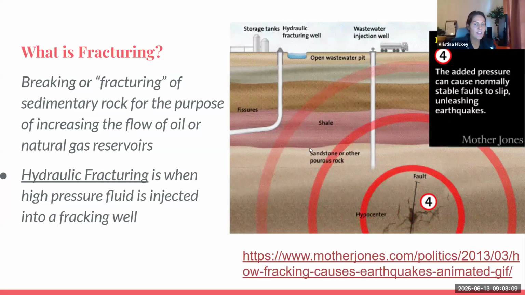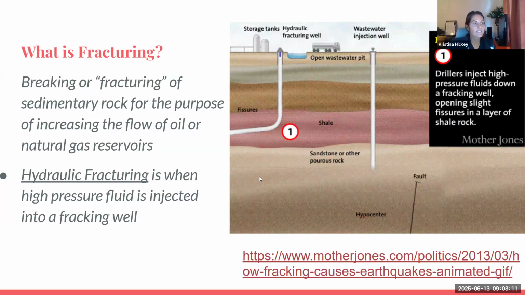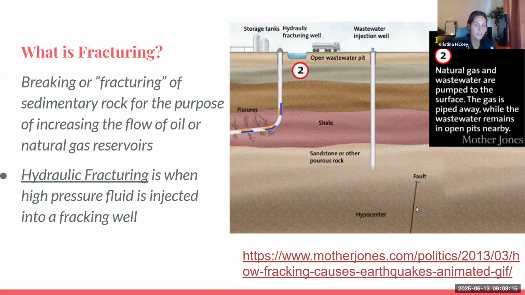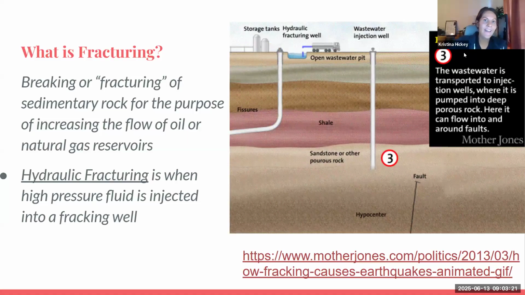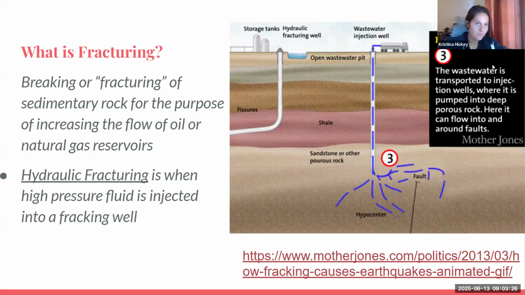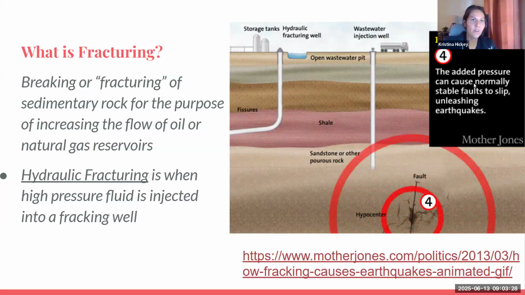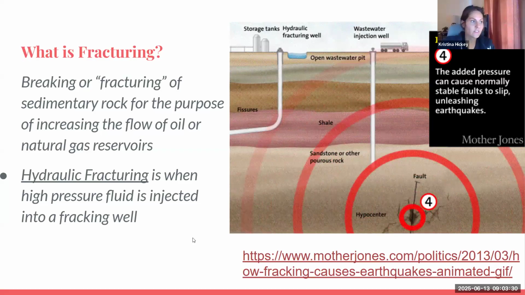The whole purpose is to crack this impermeable sedimentary rock. But there are a lot of problems. If you look at this visual, you can see wastewater could be transported, and there are problems that can cause earthquakes.